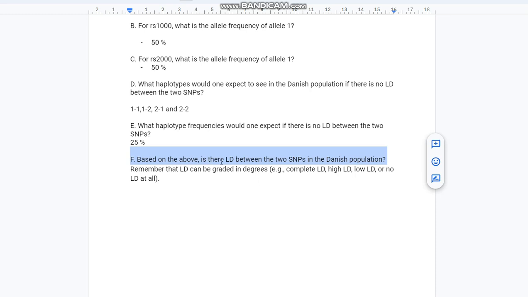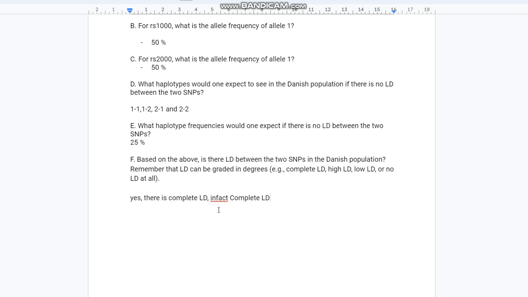And here we can say, yes, there is complete linkage disequilibrium, complete LD.